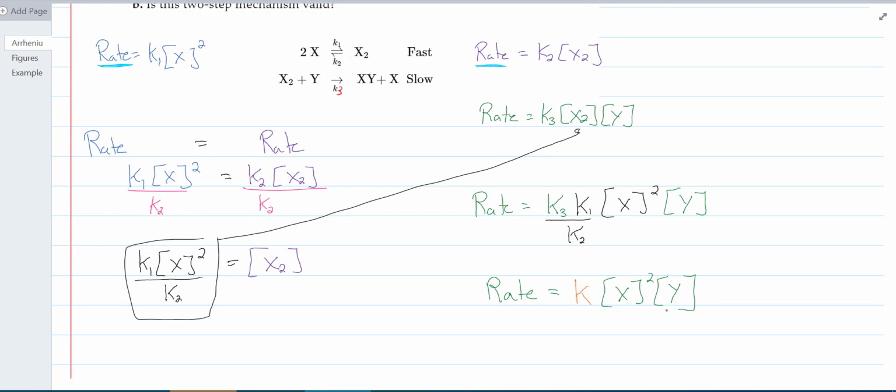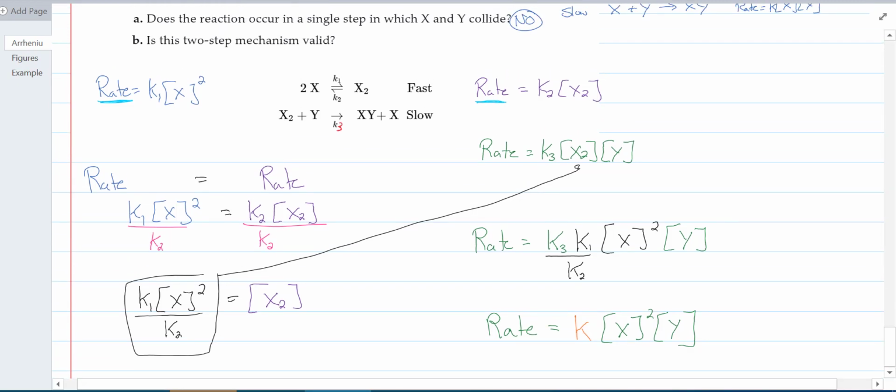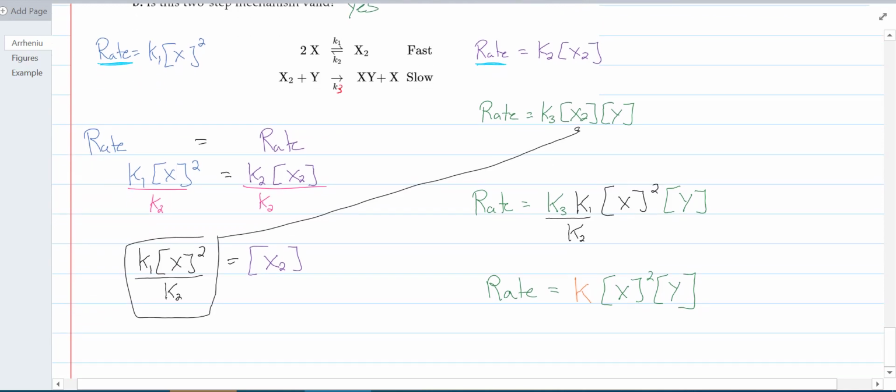This is consistent with the experimentally derived rate law. So the answer is yes. Yes, it is, because I can do some algebra and do this.